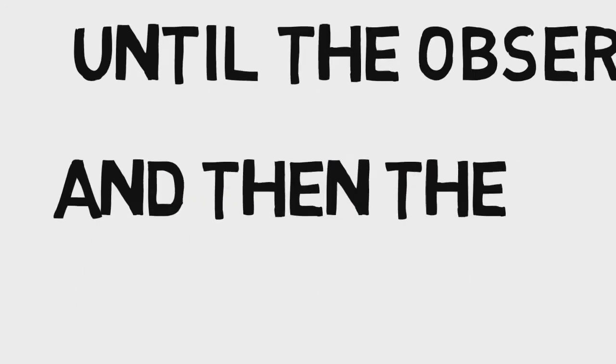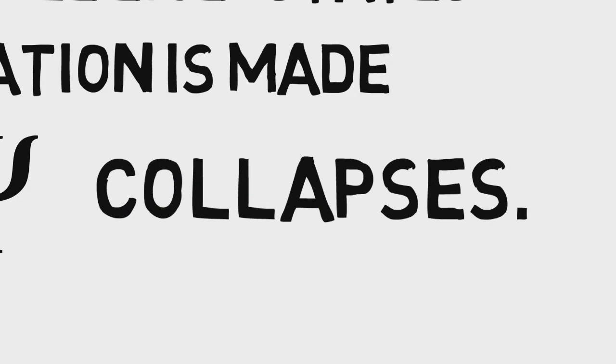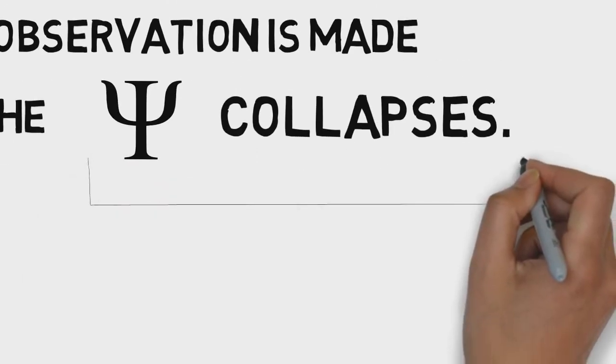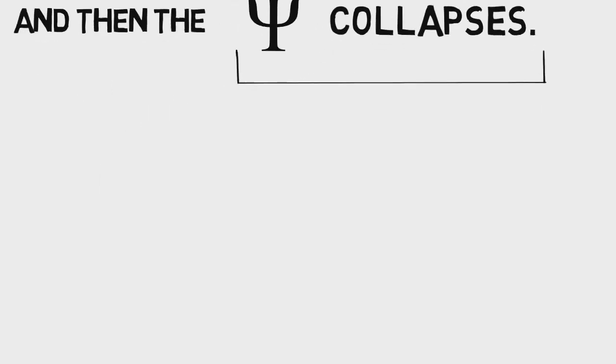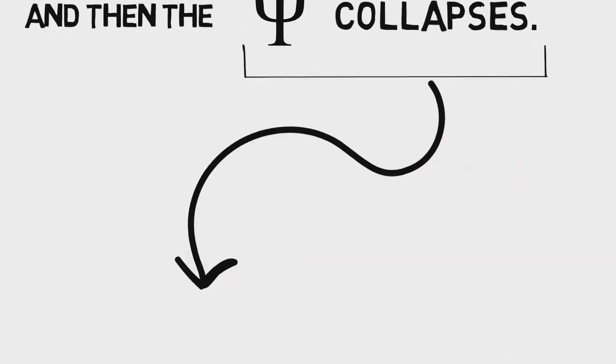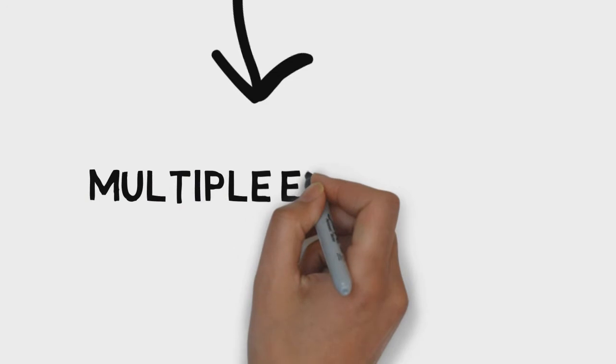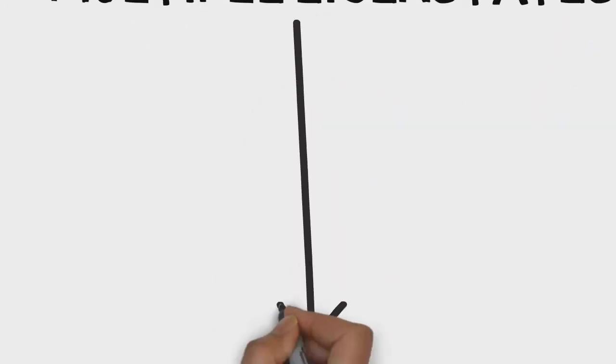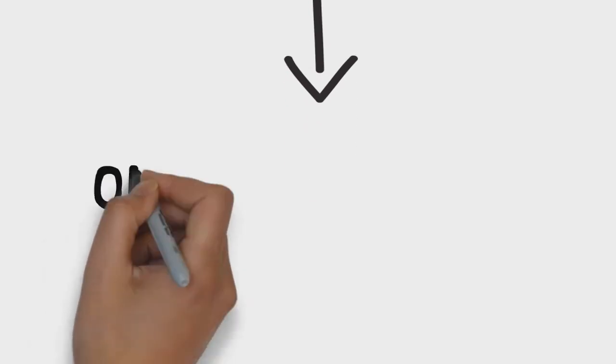And then the wave function will collapse. When I say the wave function collapses, all I mean is that multiple eigenstates or states are narrowed down to one eigenstate or state.